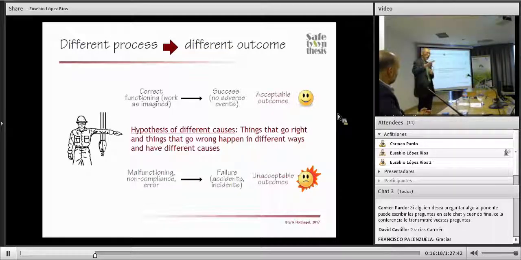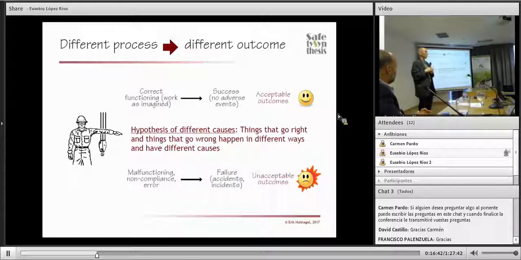There are outcomes that are acceptable, successes, but just things that work. Like when you go home today after having been here, you come home safely. That's an acceptable outcome. That's what you want. And maybe you get home on time even. That's even more acceptable. Most outcomes are acceptable.